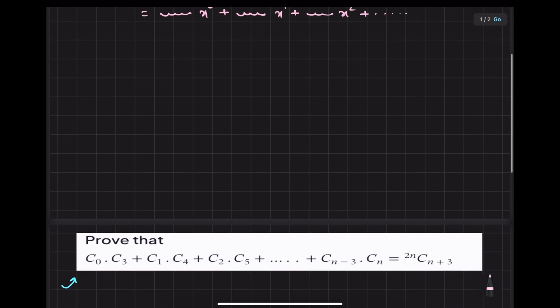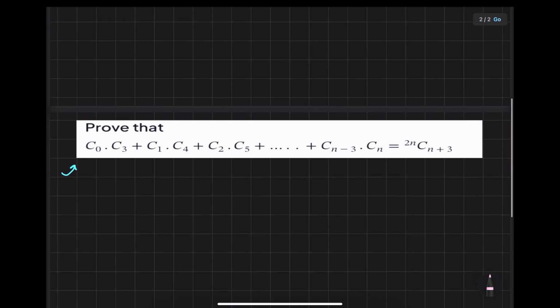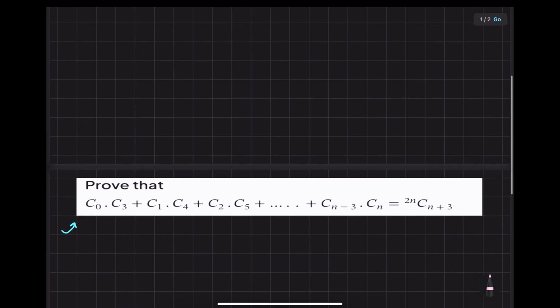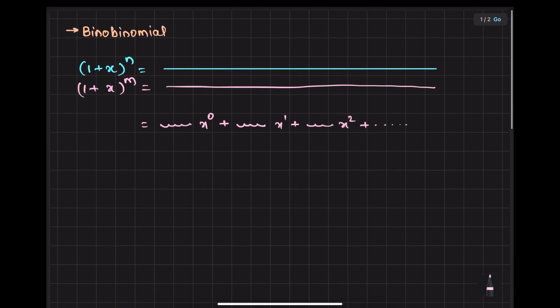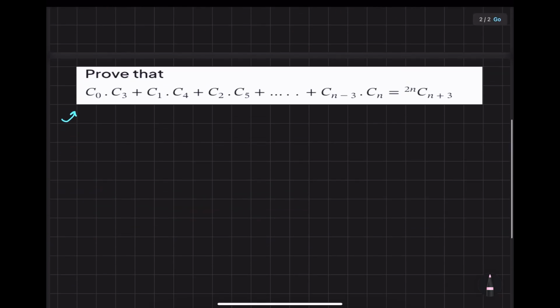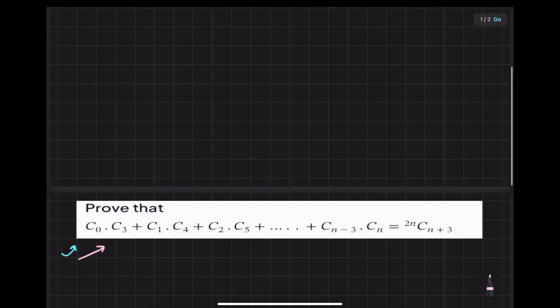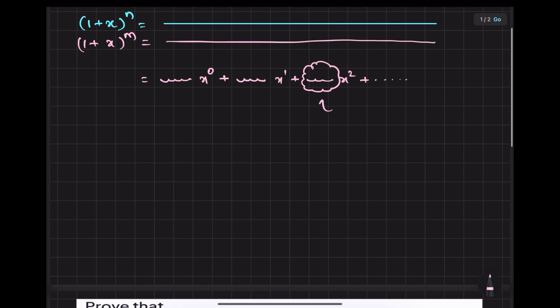So what they did to create this question is, they handpicked one of the coefficients and then substituted it here as a question. Now you have to find out what is the coefficient of that expression. Is that okay?